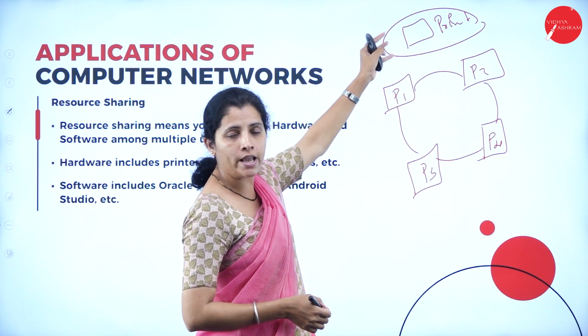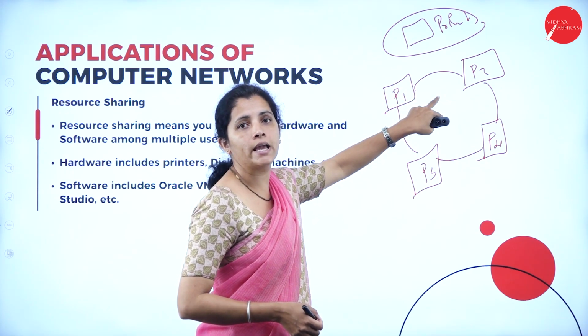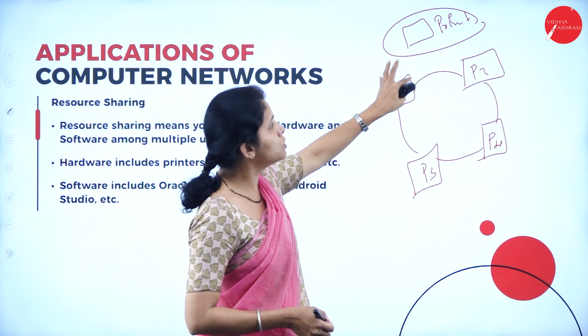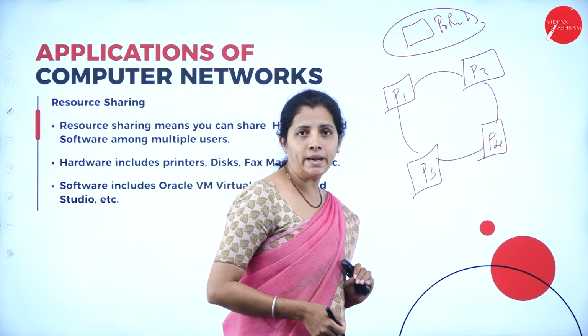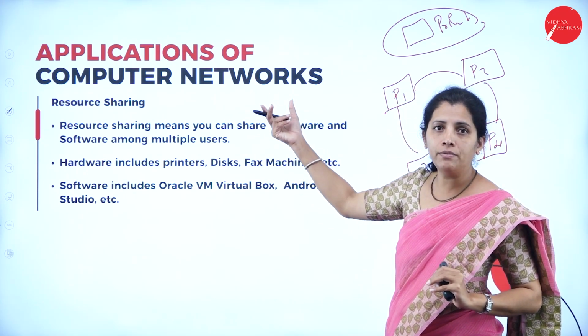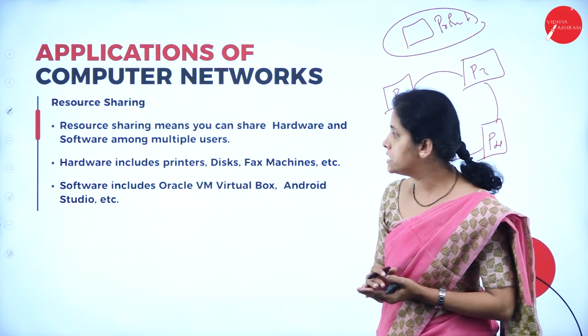Now I want to share the printer so that all the 4 systems can access the printer. So what is the resource here? That's nothing but the printer. Now by using a computer network, I can share the resource very easily.